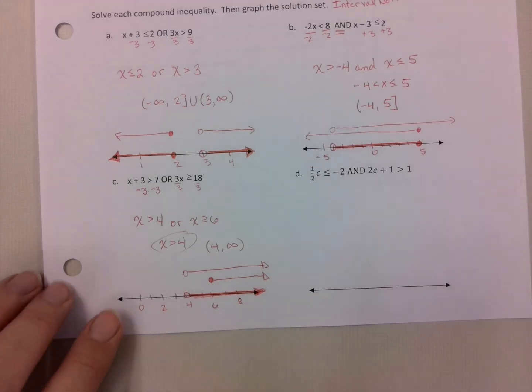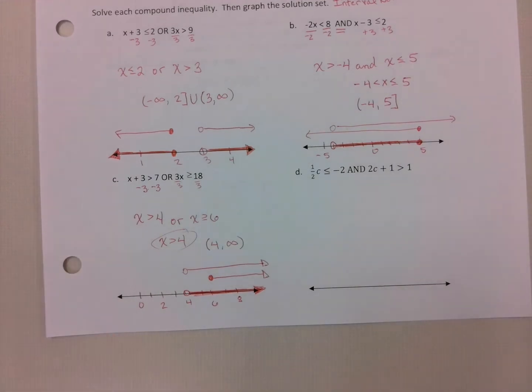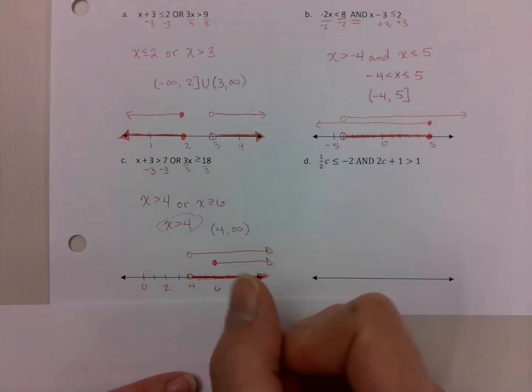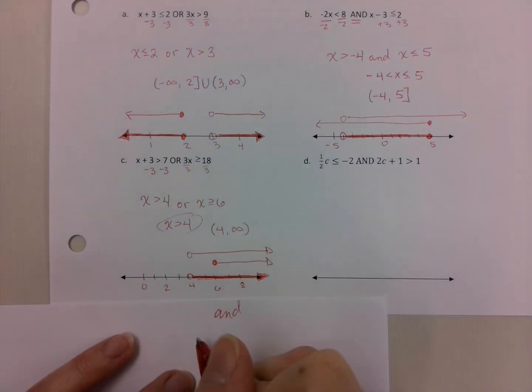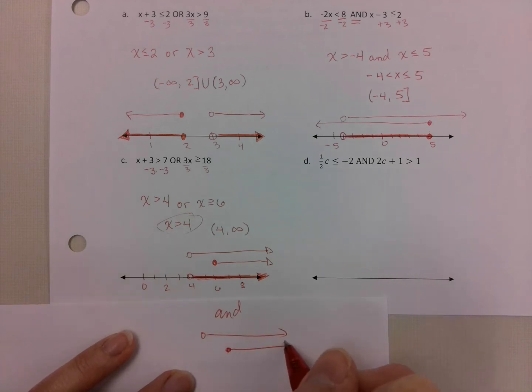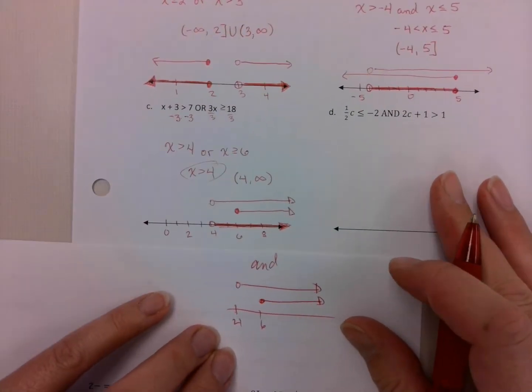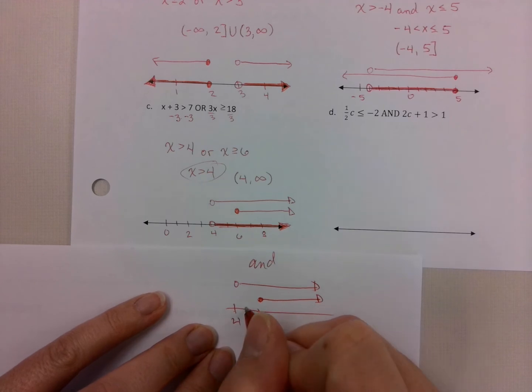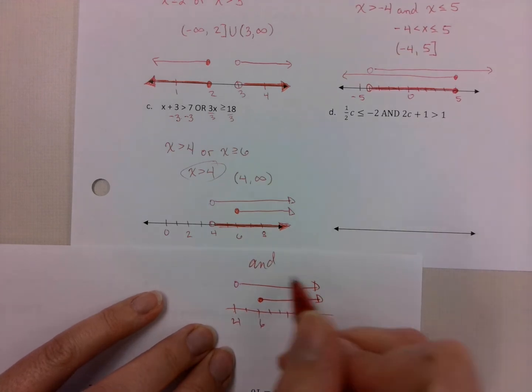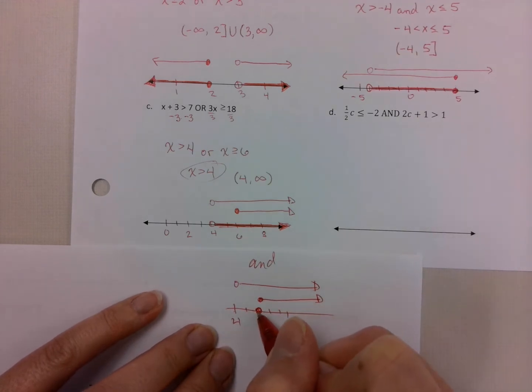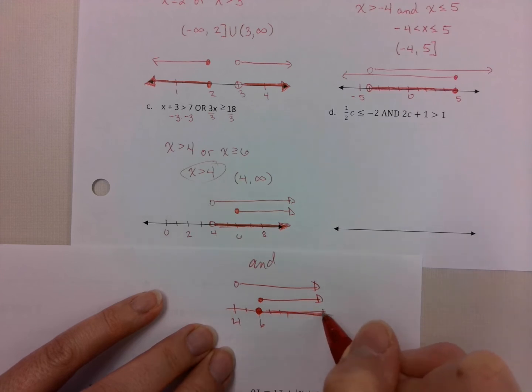Now, if this was an AND statement, just want to show you this real quick. If this was an AND statement, then I had that at 4, and I had this at 6, here's 4, here's 6, and this was an AND statement, and means they have to overlap. So my answer would start at 6 and then go forever.